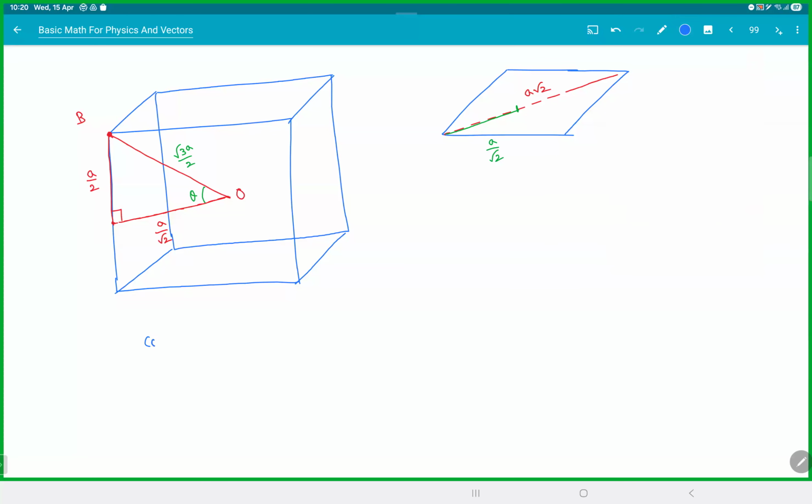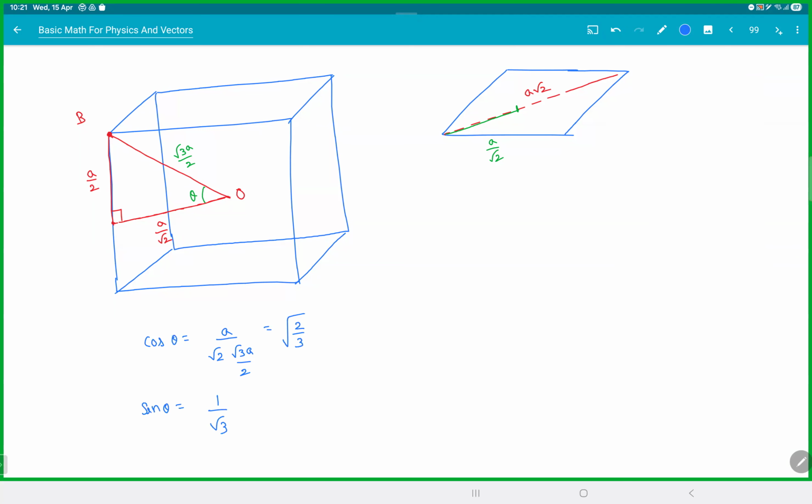So from here, we get cos theta is a by root 2 divided by root 3 a by 2. a will cancel, that would be root over 2 by 3. Sin theta would be 1 by root 3. There, these are your angles. These are not standard angles, there are some weird angles. But check out this theta.